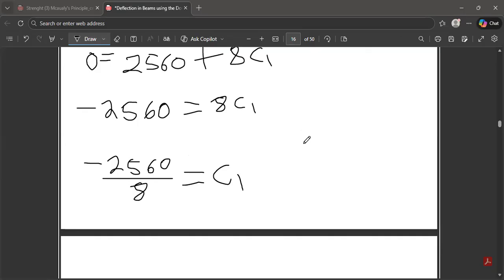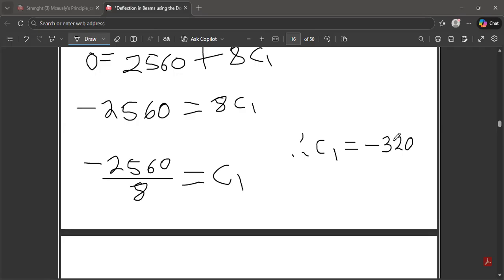Therefore we can say that our C1 is equal to minus 320, because if you divide 2560 by 8, you're going to get 320.